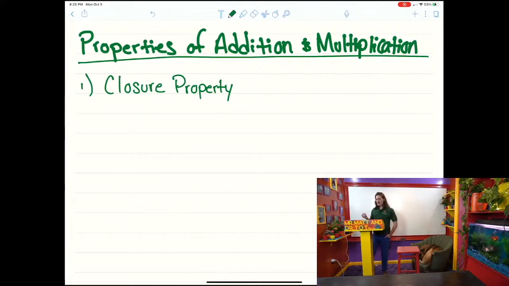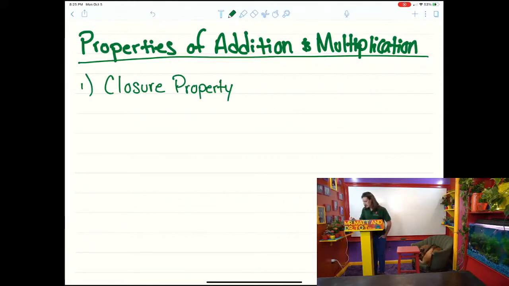But what you need to know is that this just stands as a definitional basis that we are dealing in real numbers. So the closure property for addition is: A plus B is a real number.